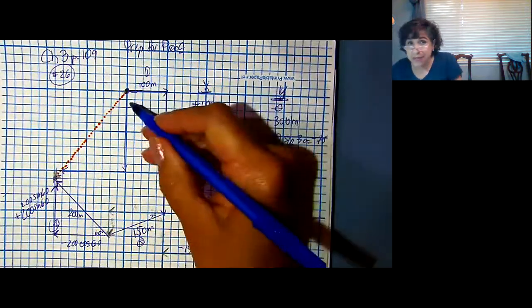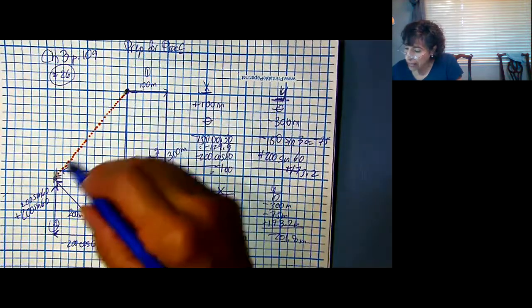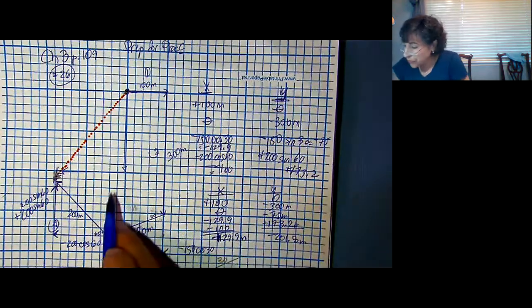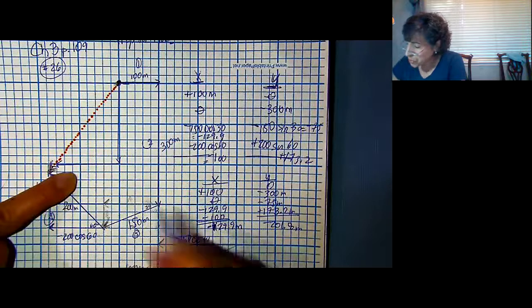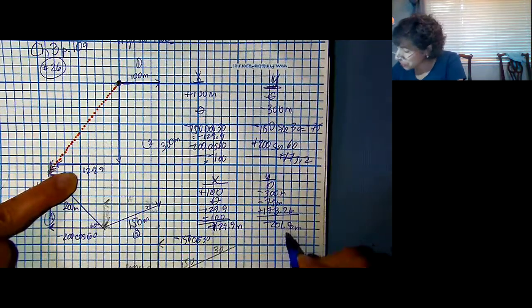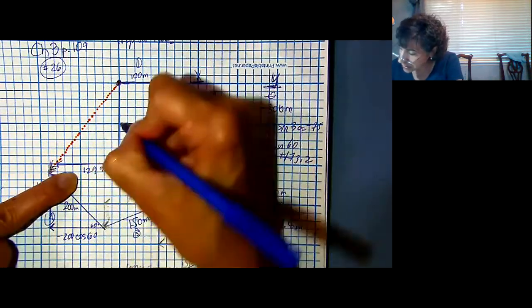If I add this down one to this one going to the left, now I get my resultant vector. So the X component magnitude is 129.9, and this one is 201.8.